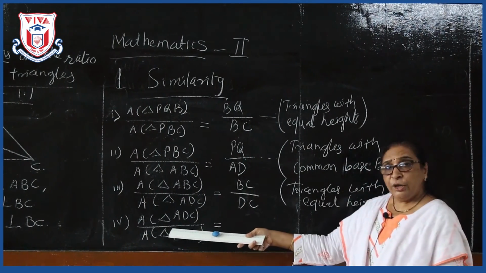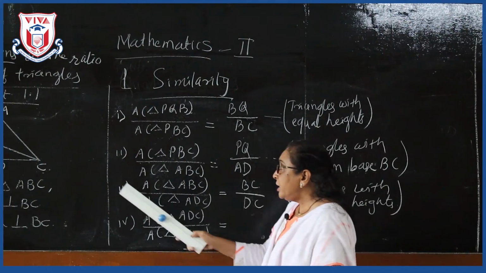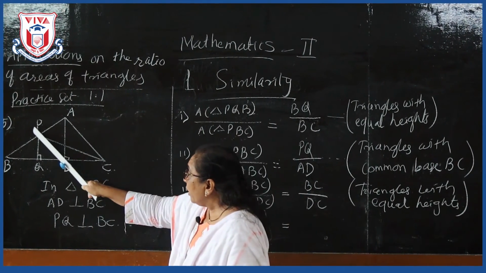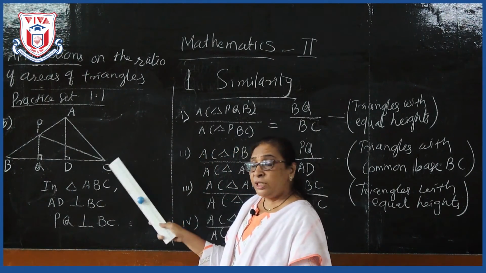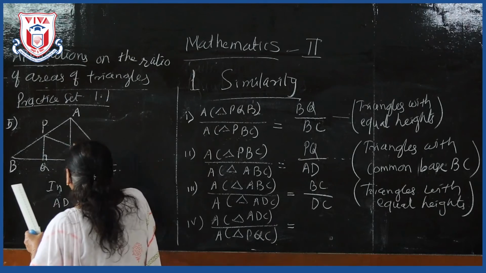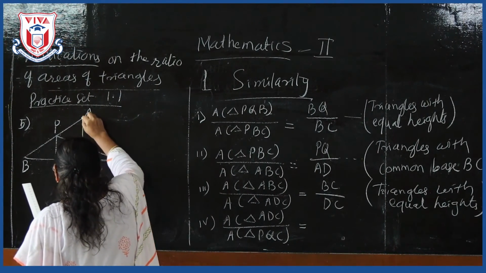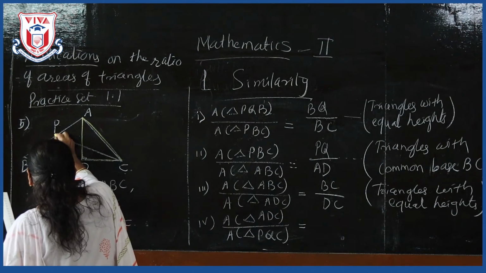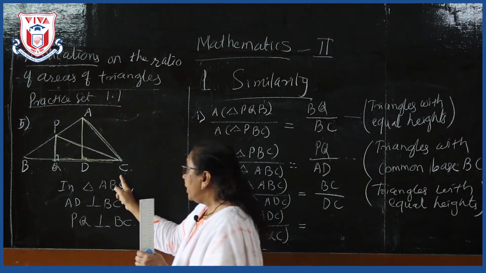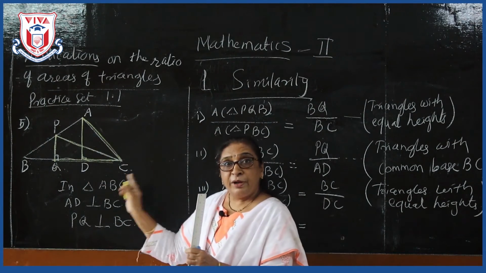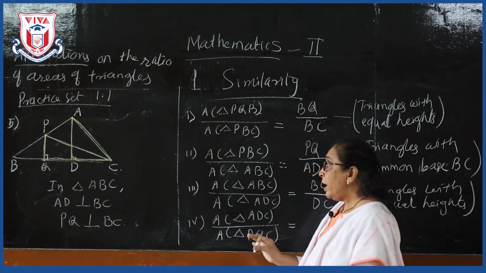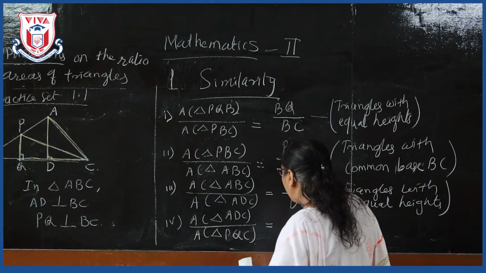And in the last ratio, if you see, area triangle ADC and triangle PQC. Now if you see this triangle ADC, I will just highlight it. And PQC, they have different bases and different heights. So, areas will be proportional to the product of their bases and corresponding heights.